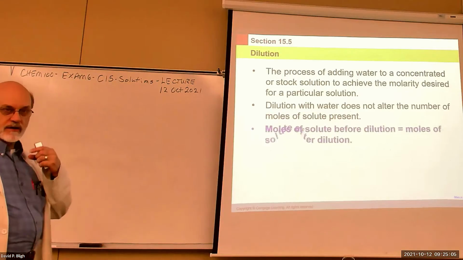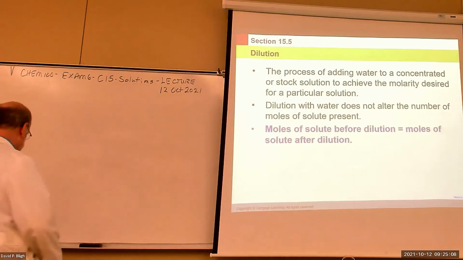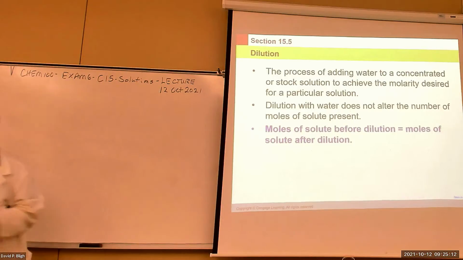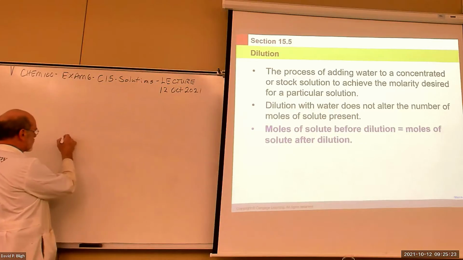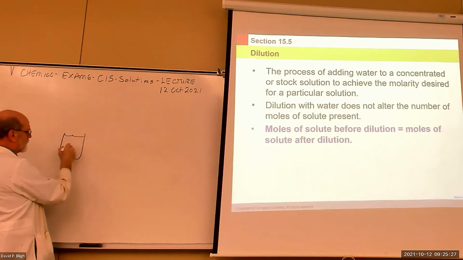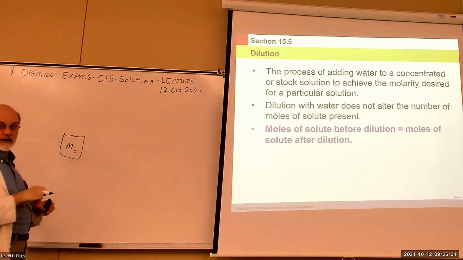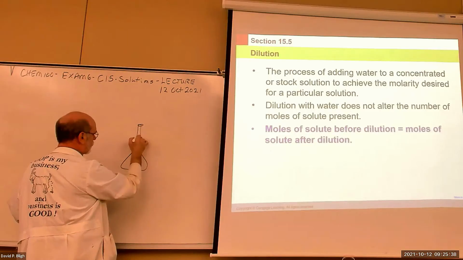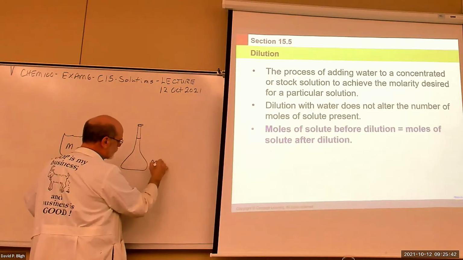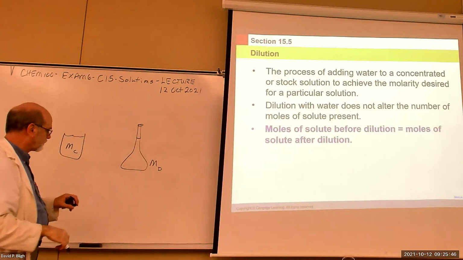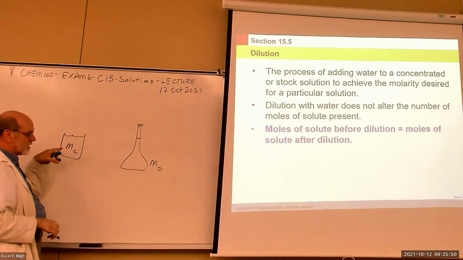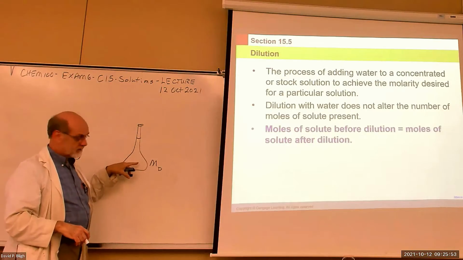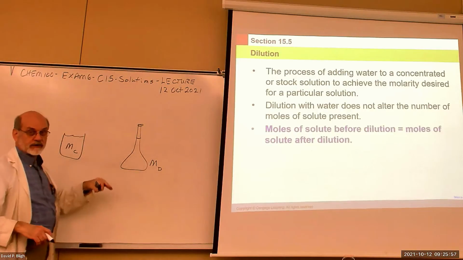So here's how dilution works. When you have a solution of a certain molarity, let's say this is a concentrated molarity, and you want a solution over here to be your diluted concentration, if you take some of this one out, put it in there, and add solvent to the mark, then you have diluted it.